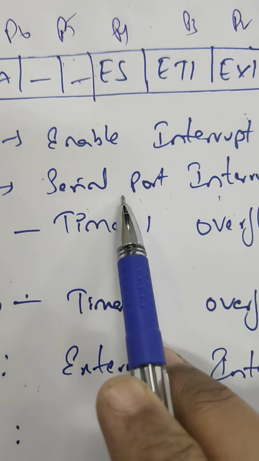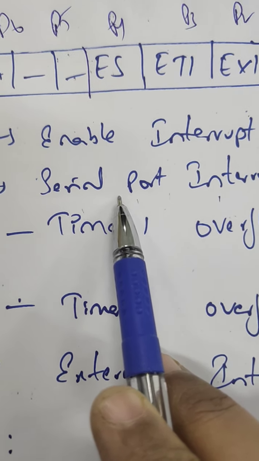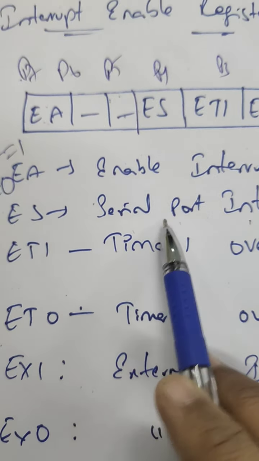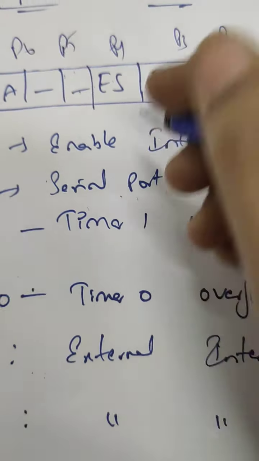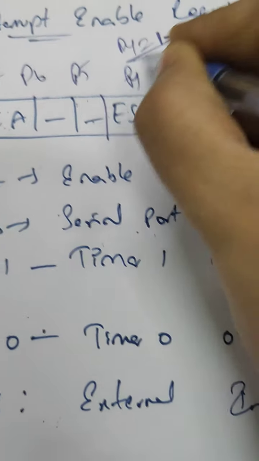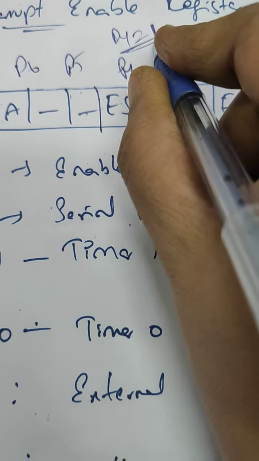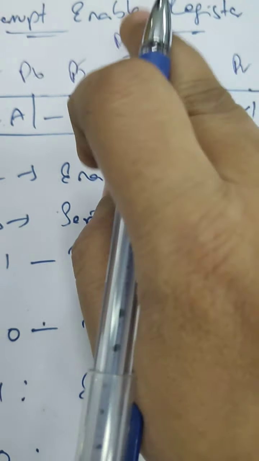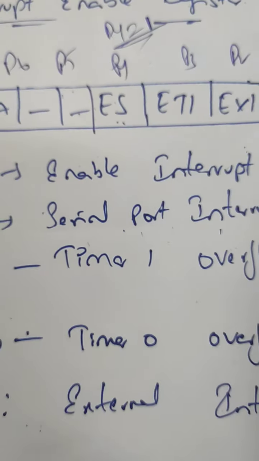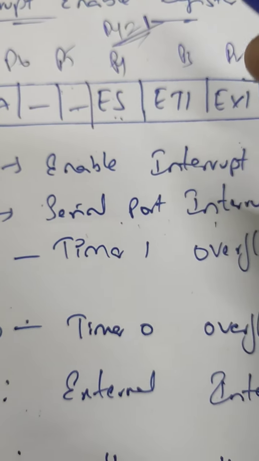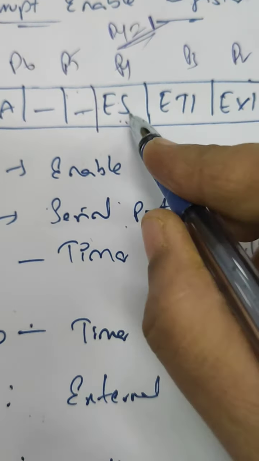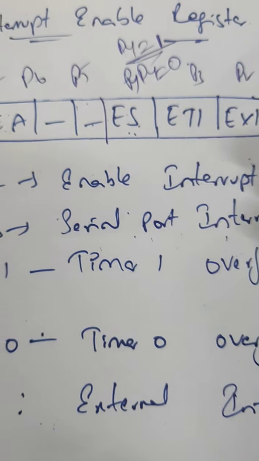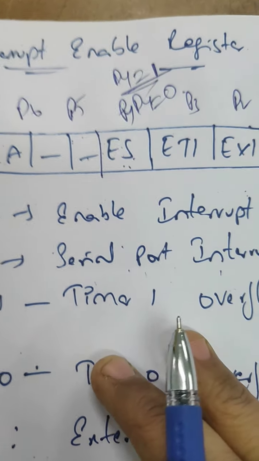We know there is one serial port in the 8051 microcontroller, so whenever we want that serial port interrupt, if the D4 bit is set to 1, that is ES, enable serial port interrupt, we are enabling the serial port interrupt. Otherwise, if D4 is equal to 0, it is disabling the serial port interrupt.